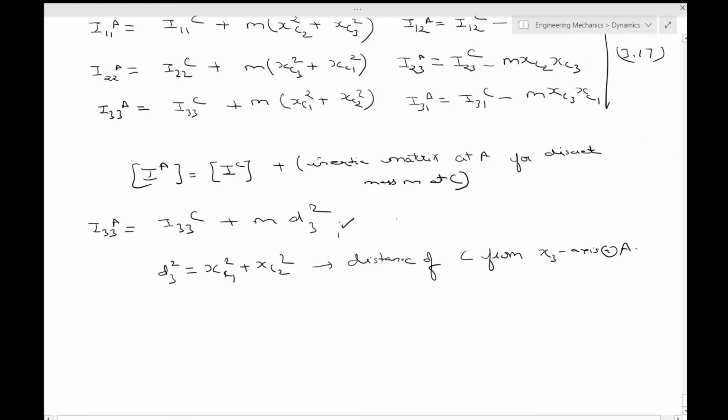Similarly, INN can be written as INN of C plus m dn square. So d1 square consequently will be the distance of C from the x1 axis at A, and so on, and INS is equal to INS of C minus m xcn xcs. This is 3.18.